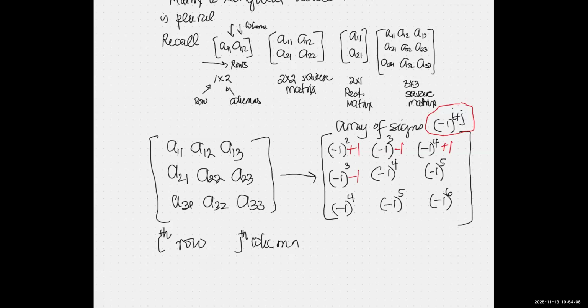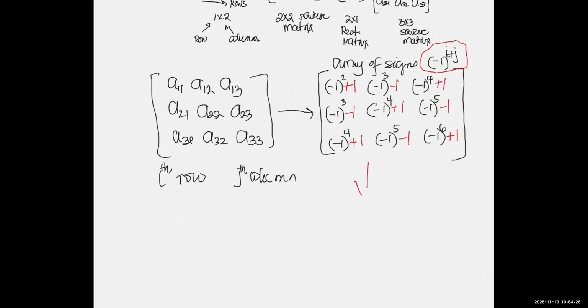Negative 1 to the fourth is positive one. Negative 1 to the fifth is negative one. Negative 1 to the sixth is positive one. So what I have just gotten is an array of signs: plus, minus, plus, minus, plus, minus, plus, minus, plus. That's my array of signs, very important to be used in the application of Cramer's rule.